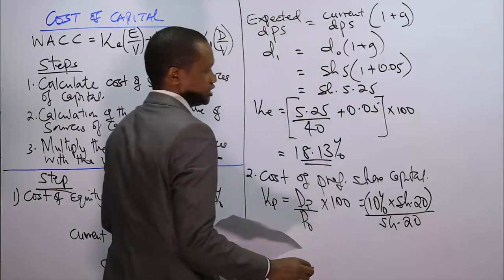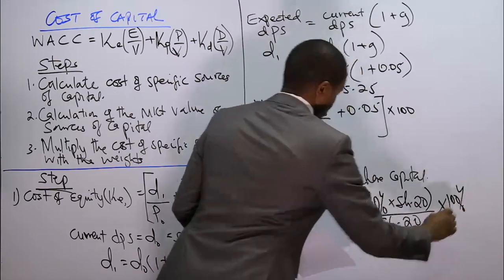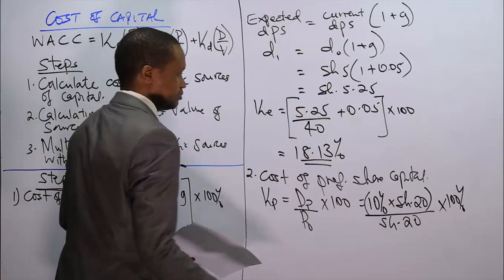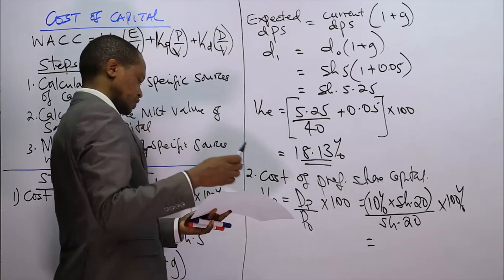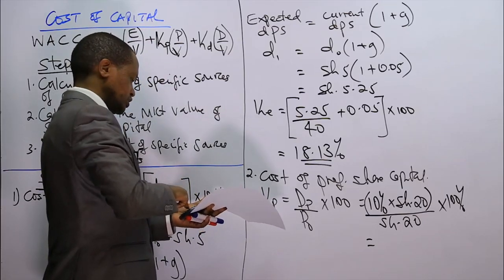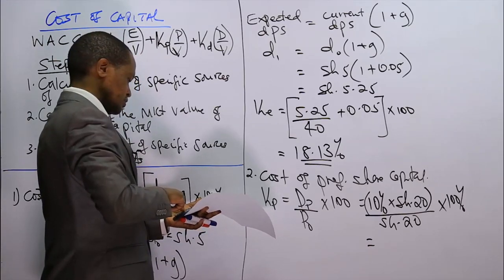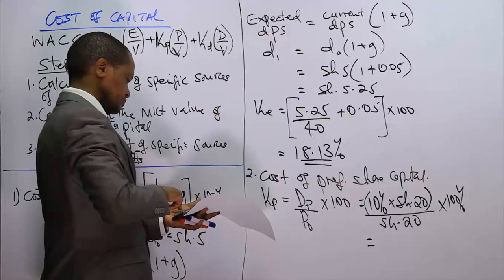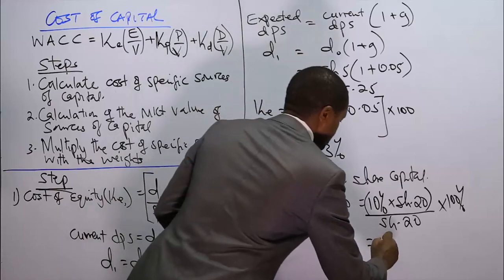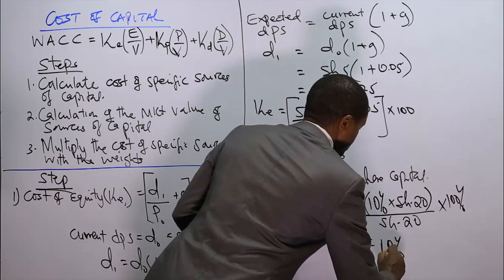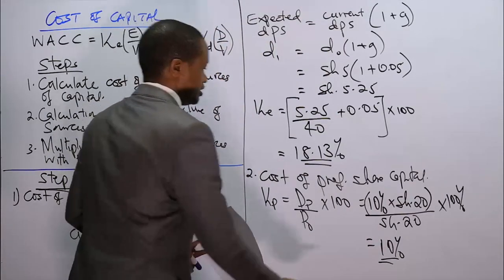So this will be the cost of preference share capital. 10% of 20 is 2. So we have 2 divide 20 times 100. So the cost of preference share is 10%.